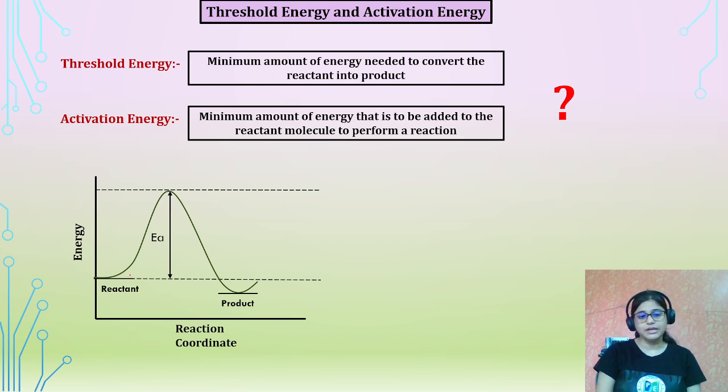It is not like the reactant has more energy and the product has less energy, so the reactant can simply go to product. That does not happen, because to start a reaction there should be a push, some energy, so that molecules can collide with each other and give the product. That is the activation energy.